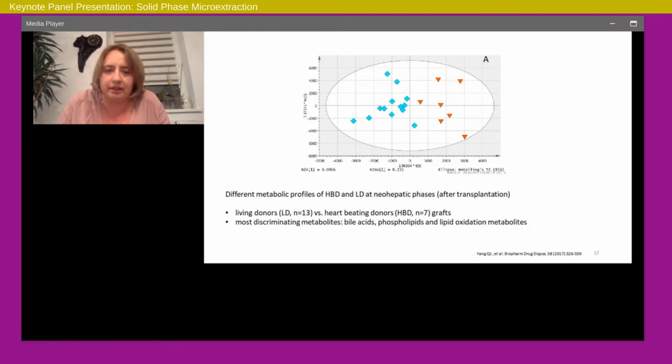As you can see here, we were able to differentiate between the 2 groups, and also pick up some compounds which differentiated these 2 groups. So of course, after again running a larger cohort, if we confirm those, compounds can be potentially used as biomarkers of early liver dysfunction.